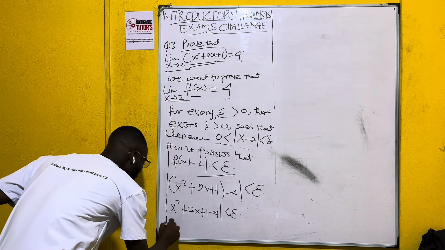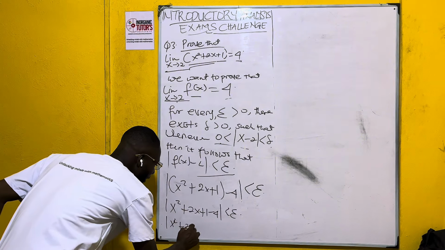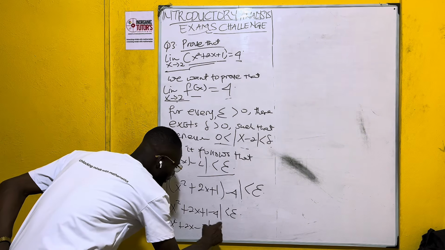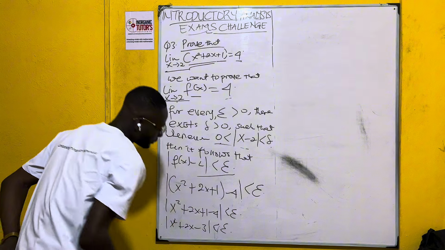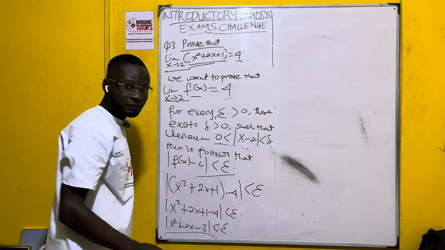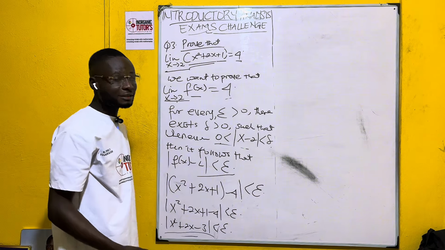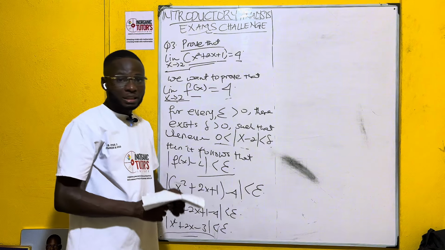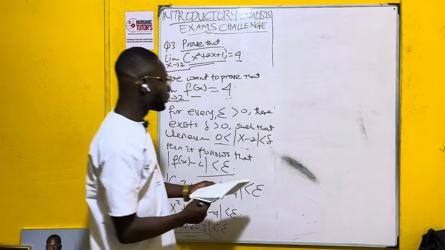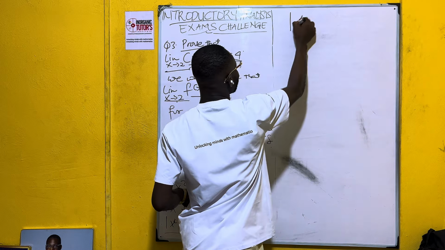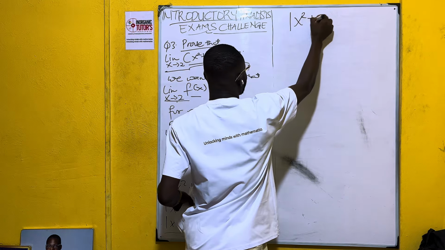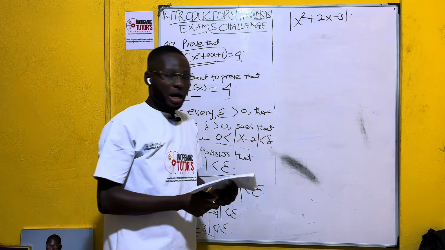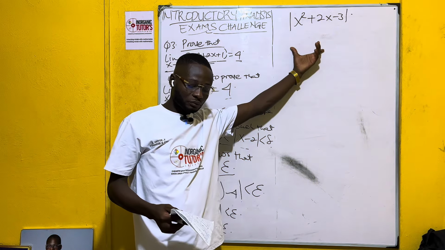That gives the absolute value of x squared plus 2x minus 3 less than epsilon. So let's consider the left-hand side and deal with it. When we are done, we relate it to the epsilon, right? So considering the left-hand side, x squared plus 2x minus 3, we have to handle this part very well.